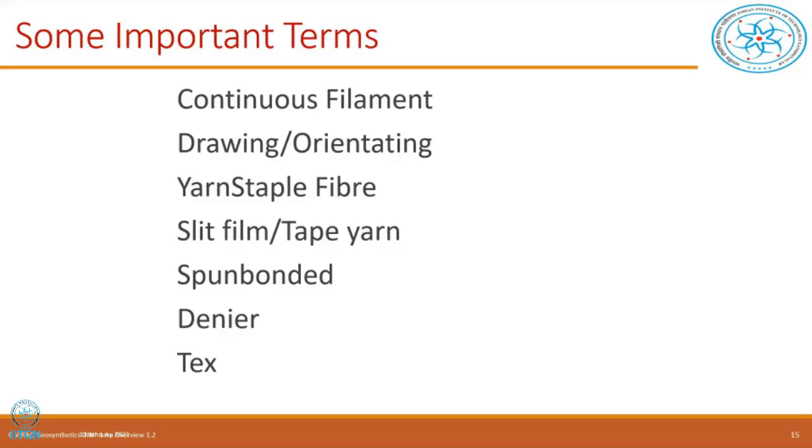So that means from a big sheet, let us say of 3 to 4 meters width, we are going to cut small width pieces. The width could be of the order of say 5 to 10 millimeters. And then that is put together, and that becomes a yarn, which is called a tape yarn or slit film yarn, because from this we make a different kind of cloth.